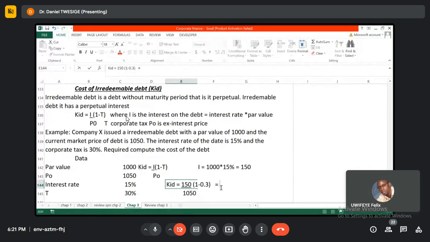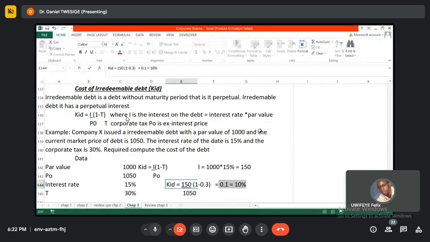Members, you are delaying. 0.1, which is the same as 10%. So that's going to be the cost of this debt.